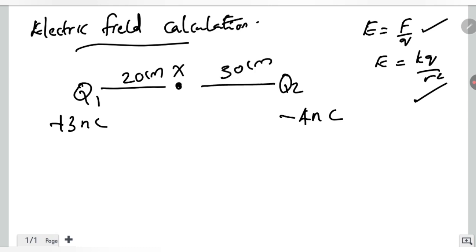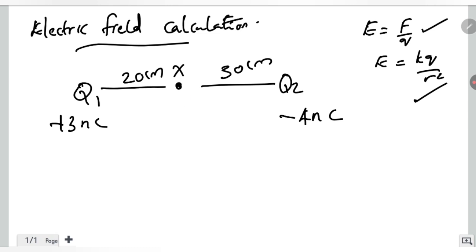The question is, what is the electric field at x? I told you that the point is always positive, because according to the definition, the electric field is the electrostatic force experienced per unit positive charge placed at that point. So you consider the point as positive all the time.